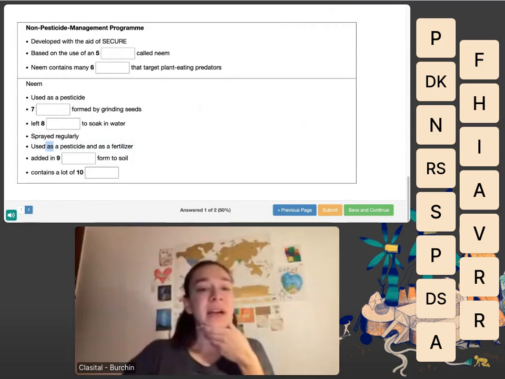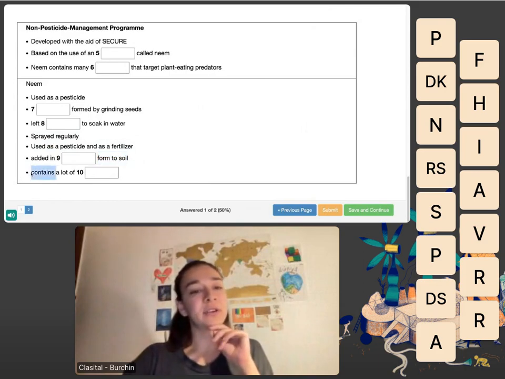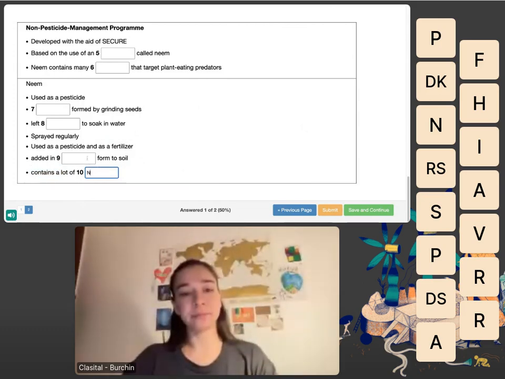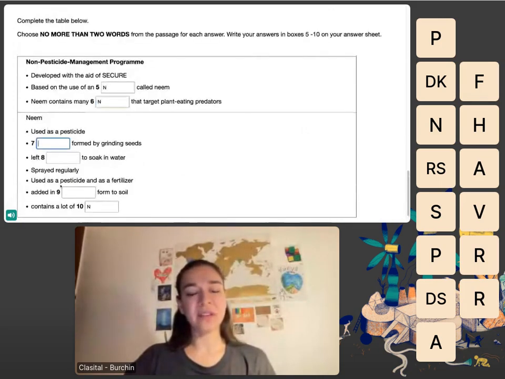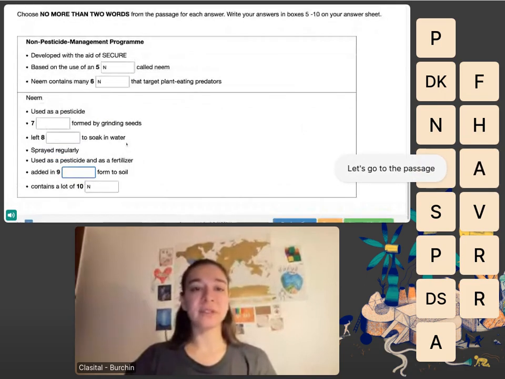I don't know yet. Added something formed to the soil and contains a lot of something. Again, it will be a noun too. I don't know. Contains many something again. Left. I am not sure about those ones.